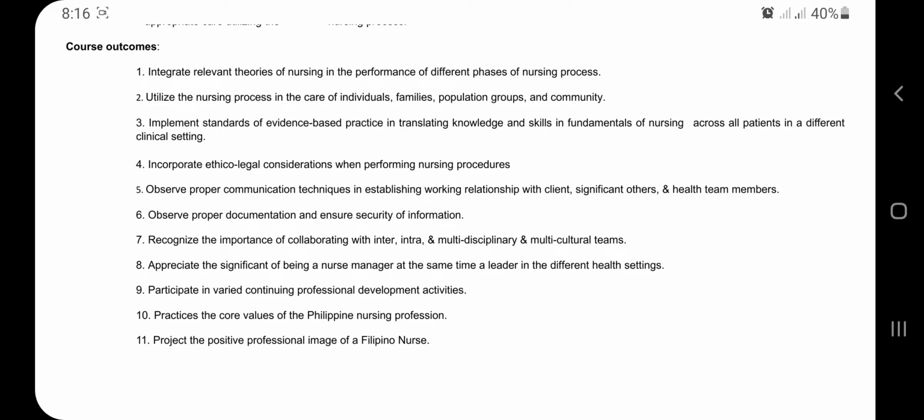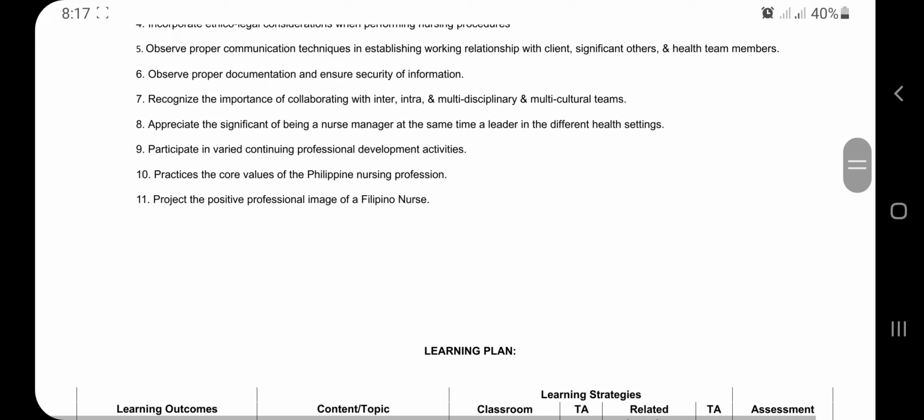Then next, recognize the importance of collaborating with intra, and multidisciplinary and multicultural teams. Appreciate the significance of being a nurse manager at the same time a leader in the different health settings. We have participate in varied continuing professional development activities, practice the core values of the Philippine nursing profession, and project the positive professional image of a Filipino nurse.